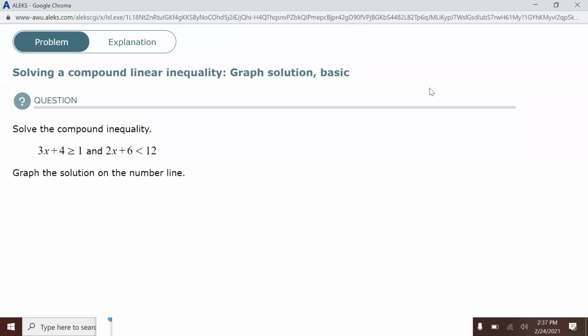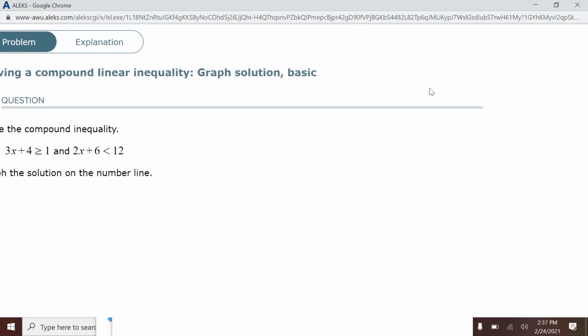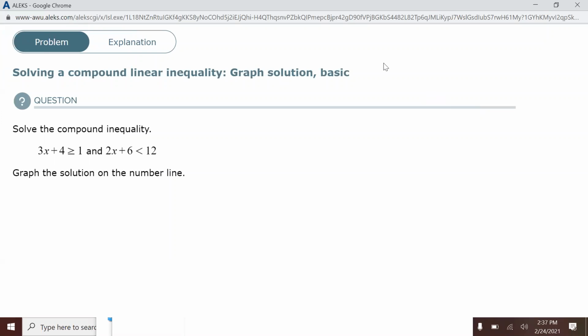This time we have the word and connecting the two inequality statements. We'll start off the same way by solving both statements.